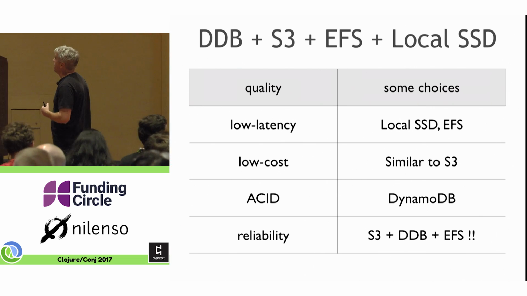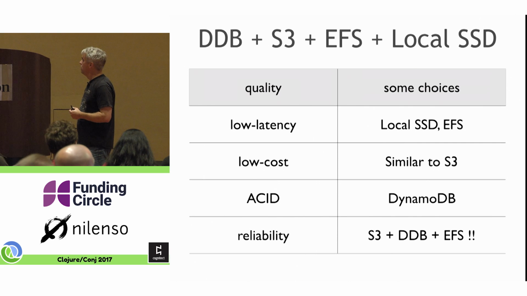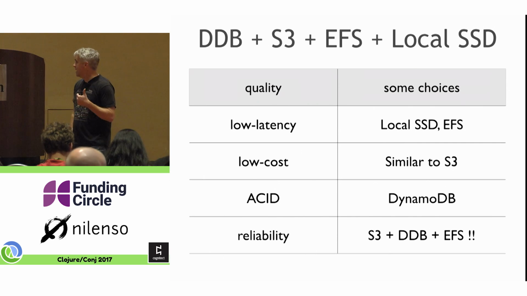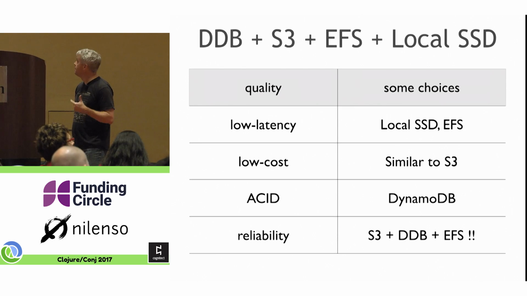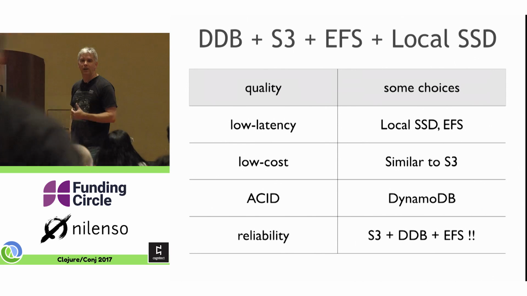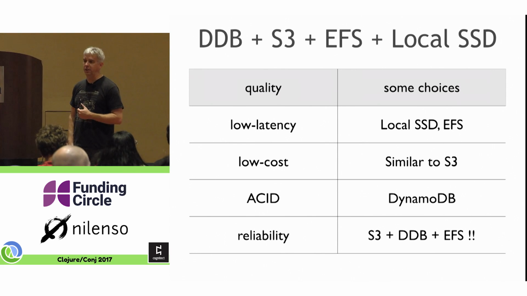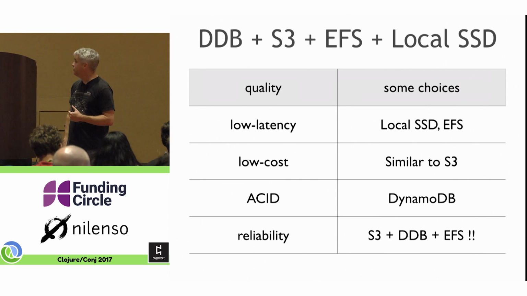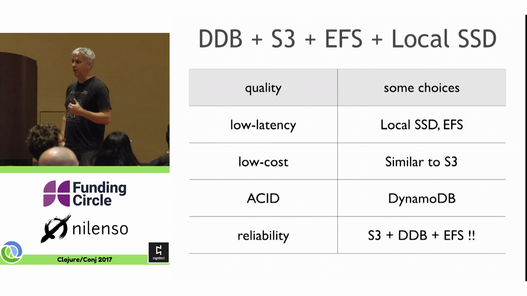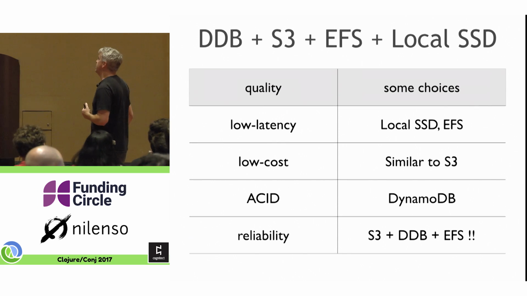And that is to store all data in the system in four places: DynamoDB, S3, EFS, and local SSDs. When you want to read it back, read it from the fastest place first, right? So read it back from the local SSD. Failing that, read it from EFS. Failing that, read it from DynamoDB or S3, depending on the kind of thing being stored.